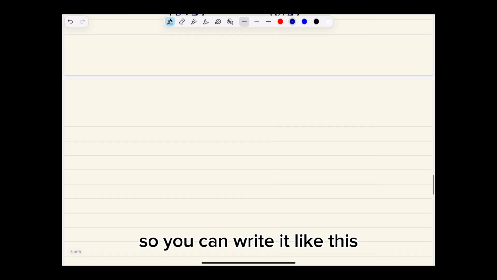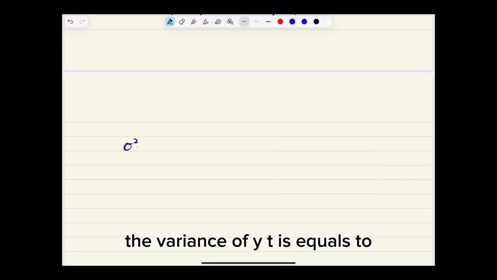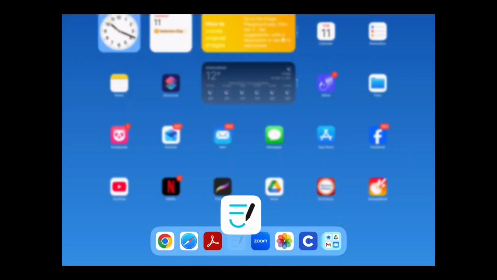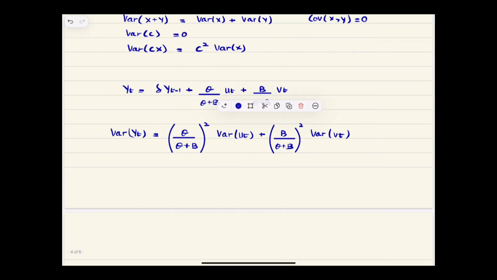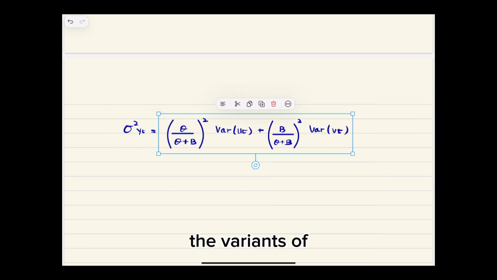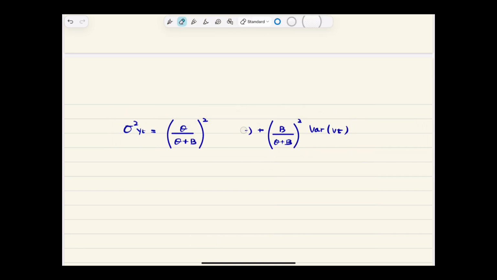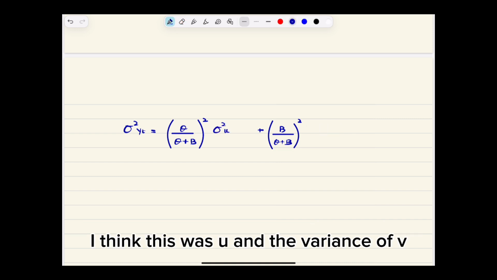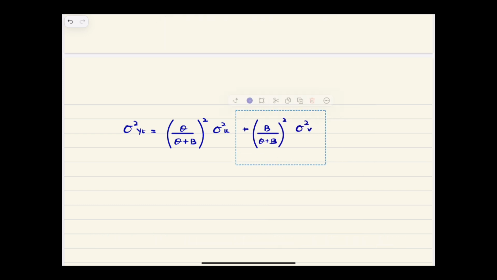So you can write it like this: the variance of yt is equal to this constant squared times the variance of u, plus the other constant squared times the variance of v.